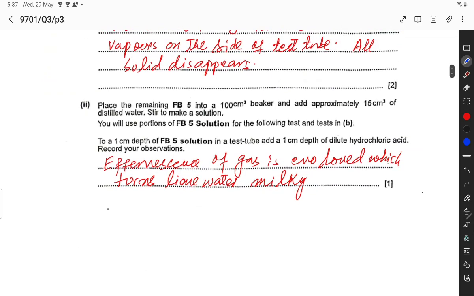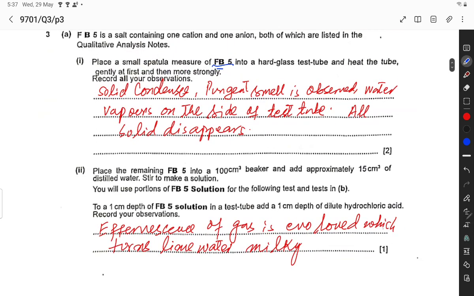more strongly. Place the remaining FB5 into a 100 cm cube beaker. If a pungent smell is observed, then I have tested with the red litmus paper.